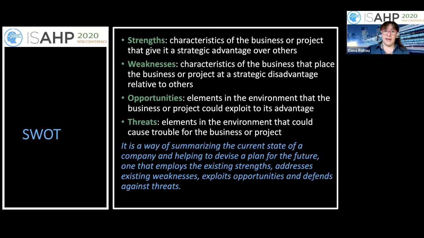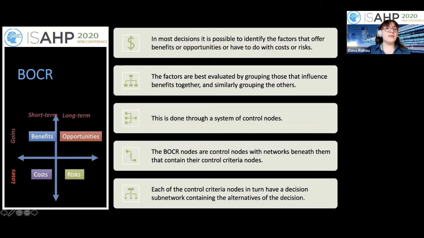So a SWOT analysis is a way of summarizing the current state of a company and helping to devise a plan for the future, one that employs the existing strengths, addresses existing weaknesses, exploits opportunities, and defends against threats. Now, what about benefits, opportunities, costs, and risks?